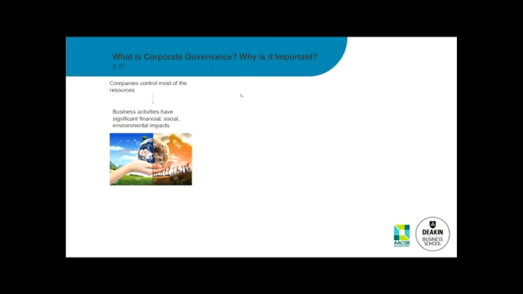And companies today are recognising that corporate governance is a very important aspect of their accounts. In fact, all the listed companies on the Australian Stock Exchange have a corporate governance statement or a corporate governance report.